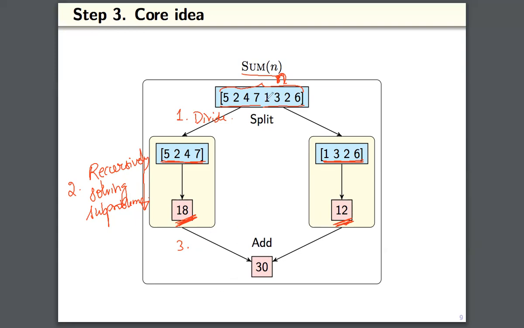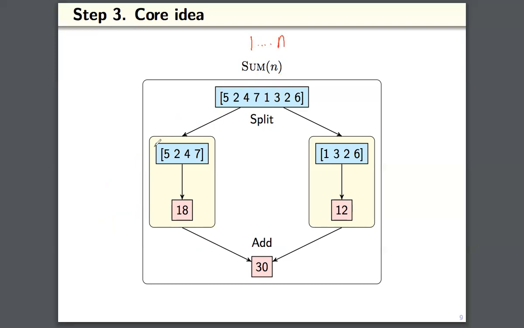That's the array sum. So here is the core idea. You have the entire array of 1 to n, say sum of array of 1 to n. You recursively call sum of array of 1 to n by 2. I will not show the floor, ceiling and all that; you can do it later.